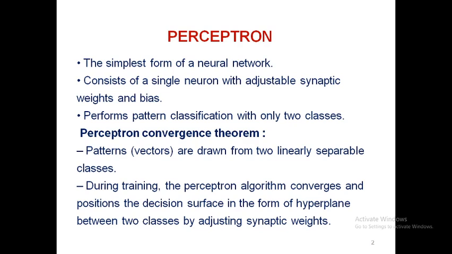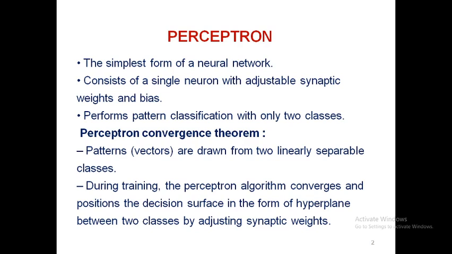It performs pattern classification with only two classes, which means two categories or two groups. So this single layer perceptron performs the pattern classification with only two classes.